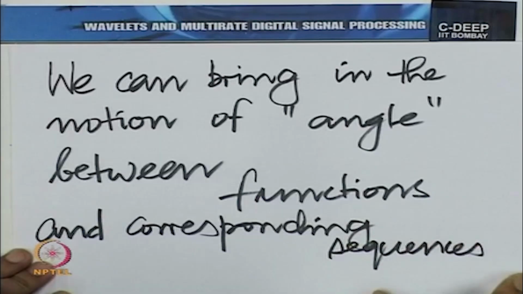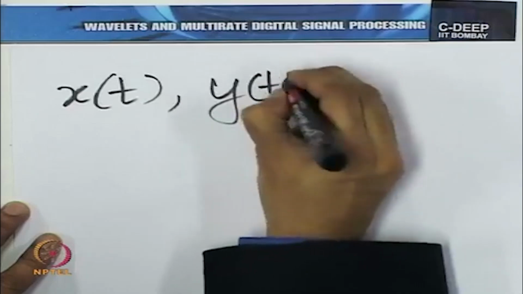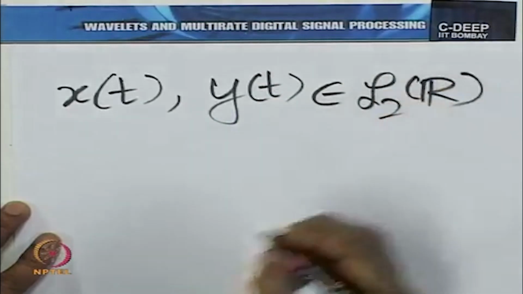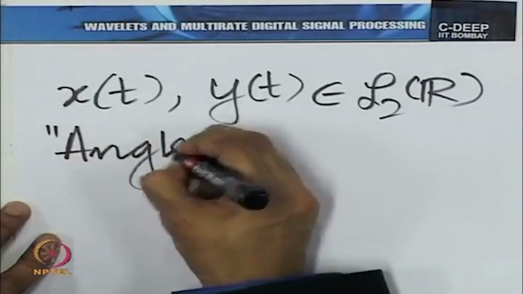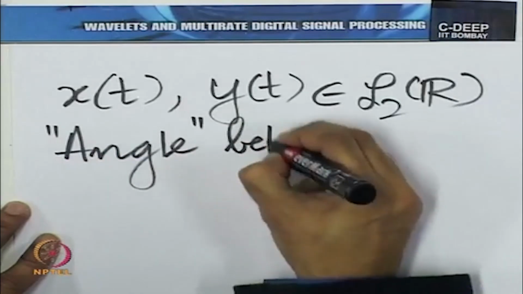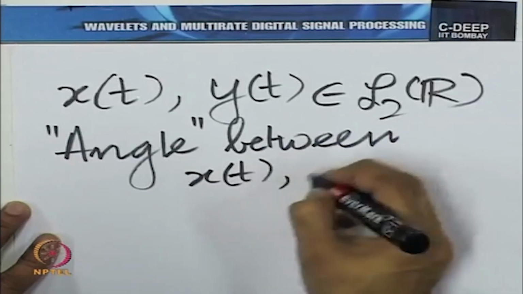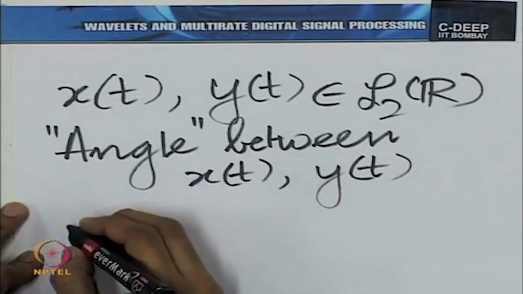So, if you have two functions x(t) and y(t), of course, belonging to L2(R), we are going to confine ourselves to that space, then the angle between x(t) and y(t) is essentially defined by the following.